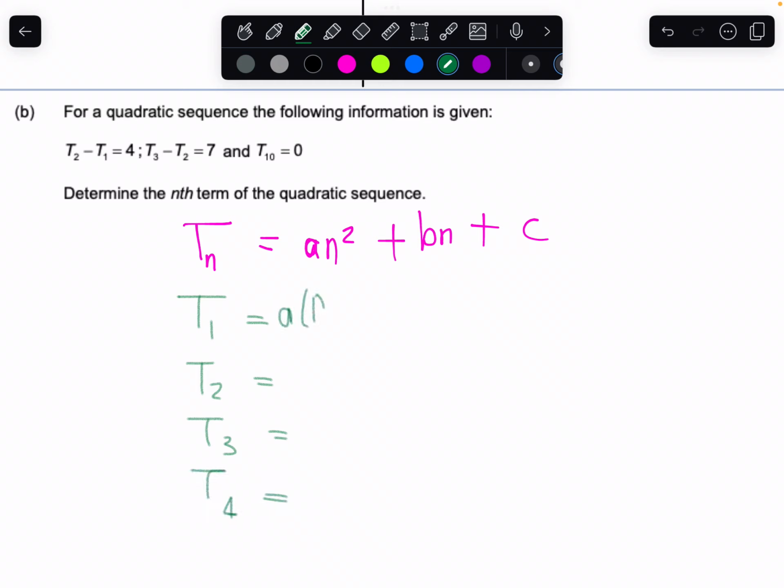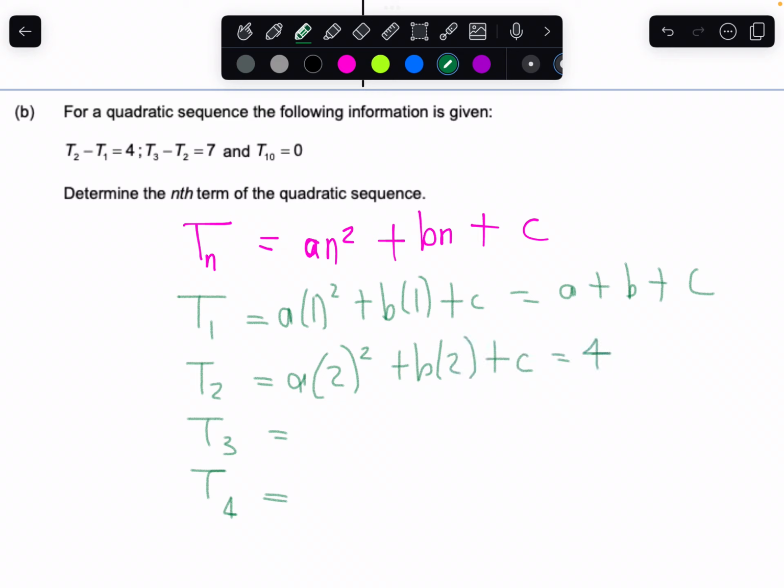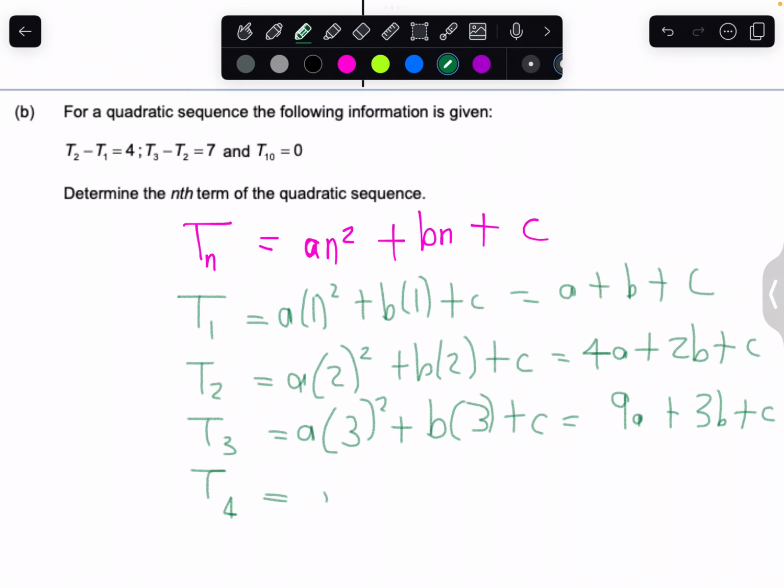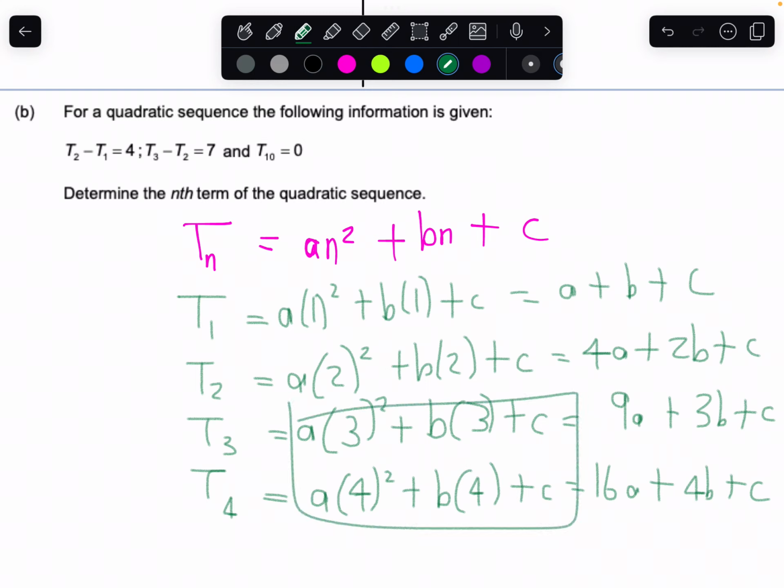So that'll be A times 1 squared plus B times 1 plus C. So that's A plus B plus C. And this is A times 2 squared plus B times 2 plus C. So that's 4A plus 2B plus C. And the next one is A times 3 squared plus B times 3 plus C, which is 9A plus 3B plus C. And then term 4, which is just the bonus, is 16A plus 4B plus C. And honestly, by term 3, you already see the gist of things, so you don't actually have to go through manually writing that out.